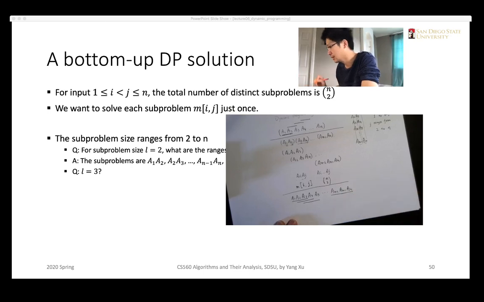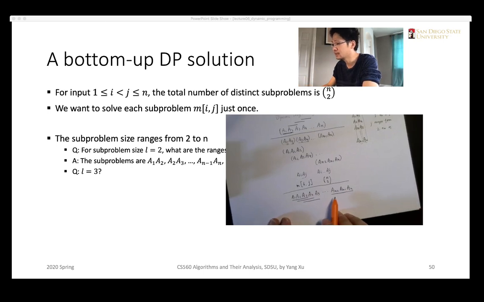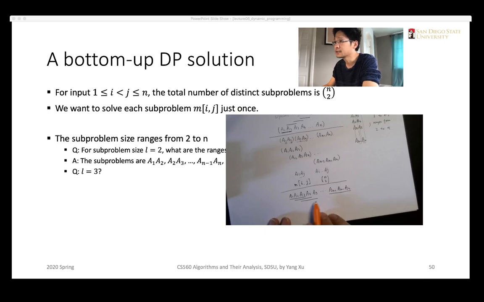That also tells us about the indices i and j in the case of subproblems of size 3.